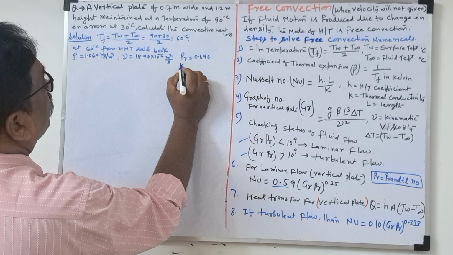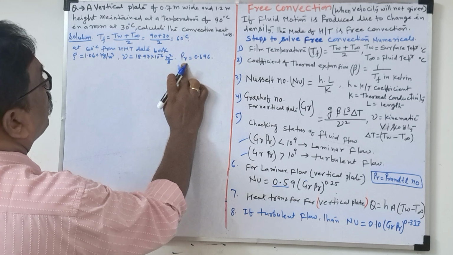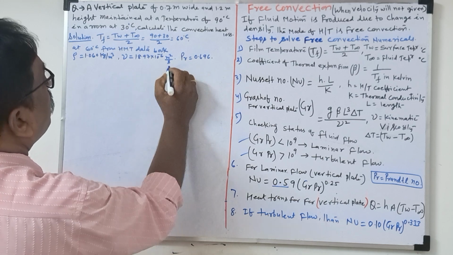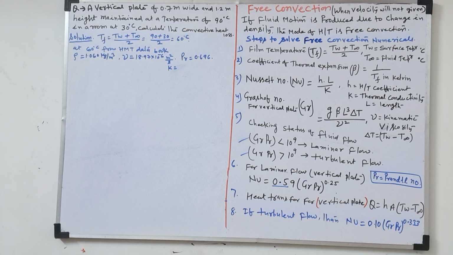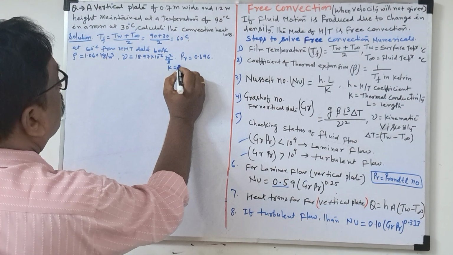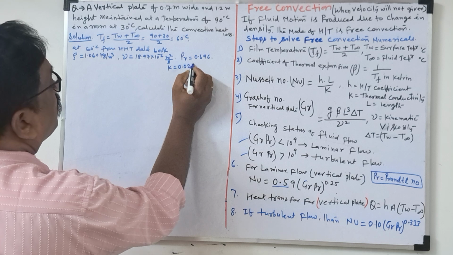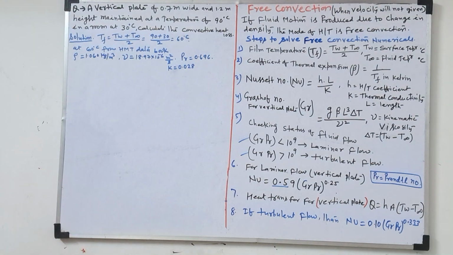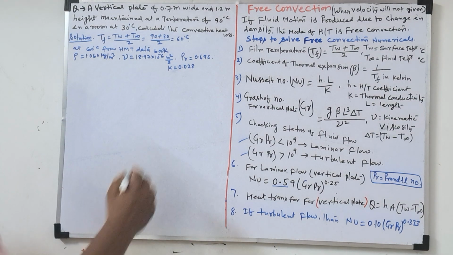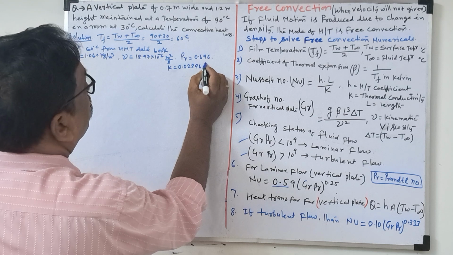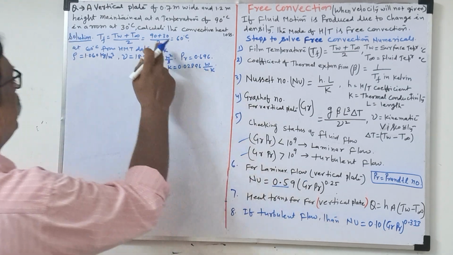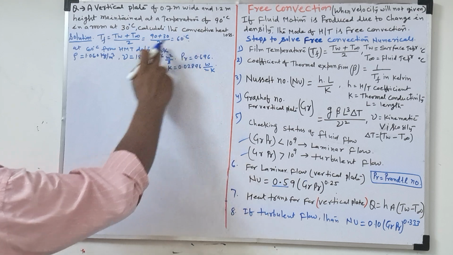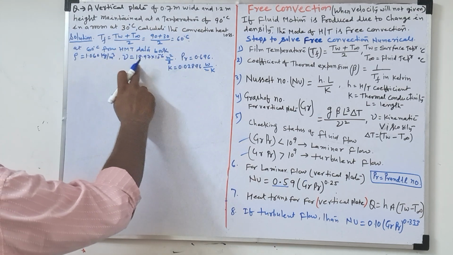So thermal conductivity k is equal to, what is the value? 0.02896 watt per meter Kelvin. This is the unit. So at 60 degrees Celsius, we wrote the properties of the air here.